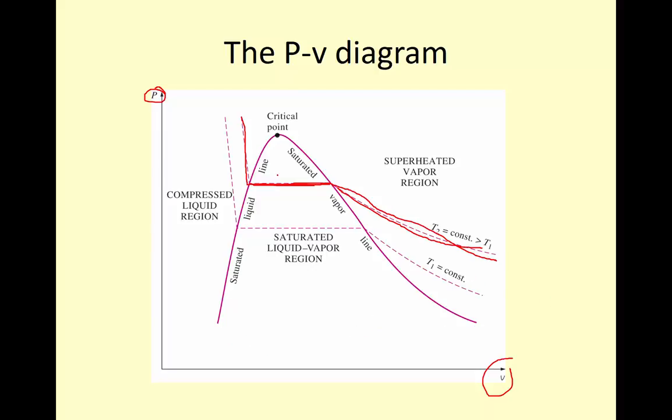So if you undergo some process at a constant temperature, then the pressure will decrease. We will have a constant pressure, constant temperature process that's in the boiling region, and then the specific volume will continue to increase as the pressure decreases and we undergo that boiling process. So this is another way to cause something to boil. You can increase the temperature and hold the pressure constant, or you can decrease the pressure and hold the temperature constant.